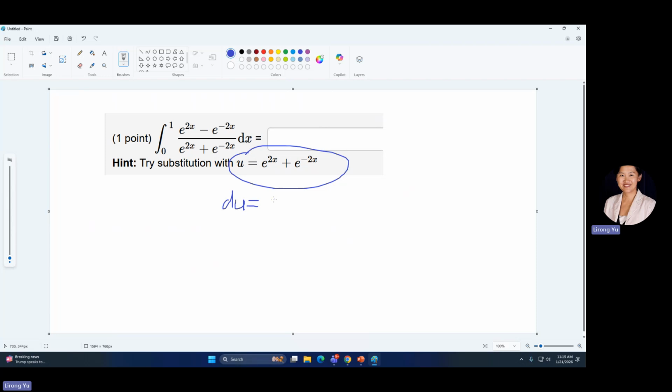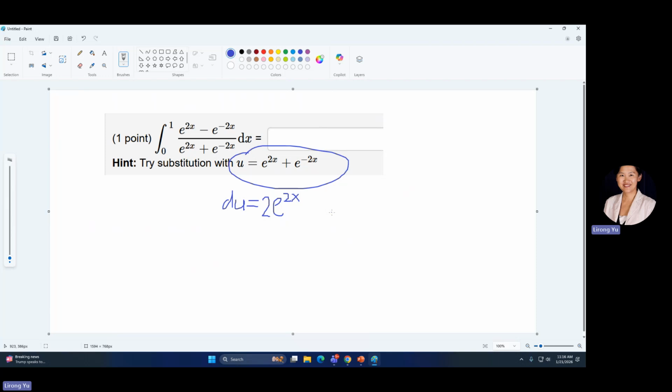So the derivative of e to the 2x will be e to the 2x, but 2x is an inside function, so you have to find the derivative of 2x, which is 2, and multiply. So it is 2 times e to the 2x.